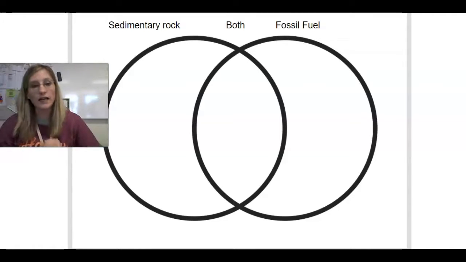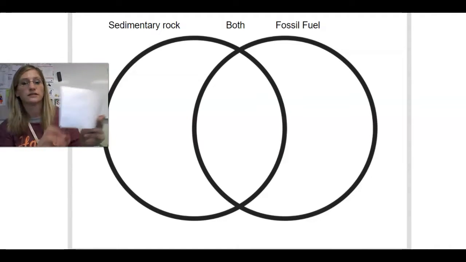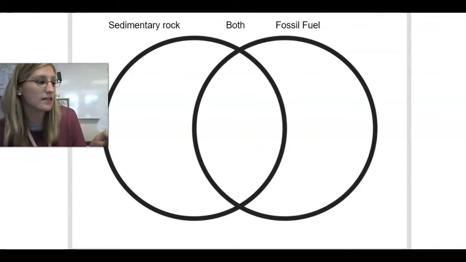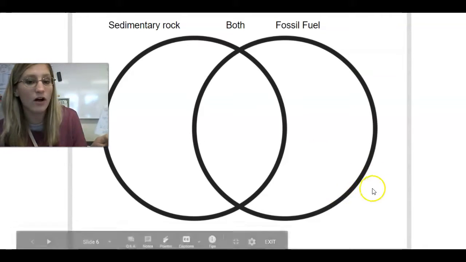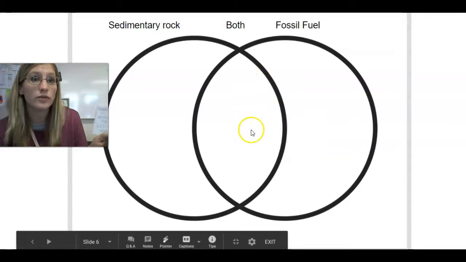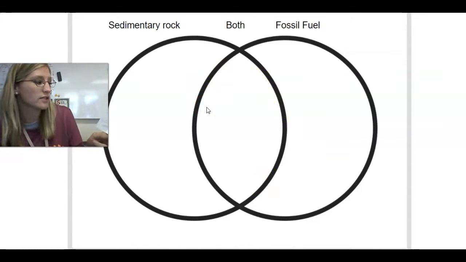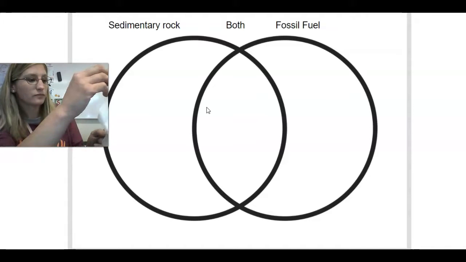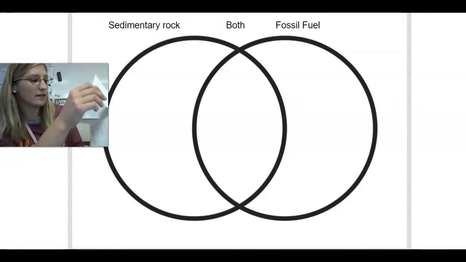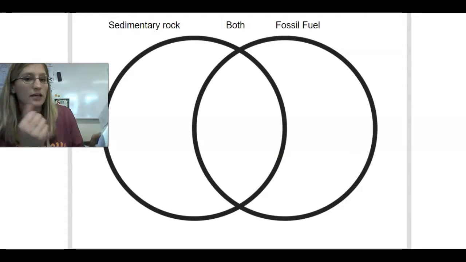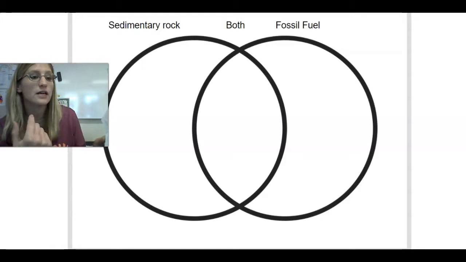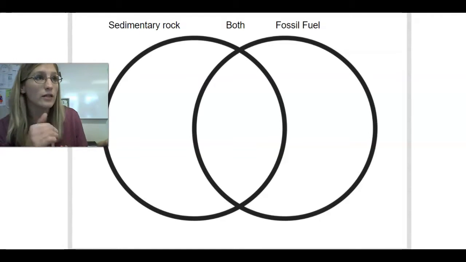Excellent. If you said that they're all the same because they all are natural resources, right? They all come from nature. They're all natural resources. Another thing that you might say that they're the same is that they use conglomerate. They're all in the earth.